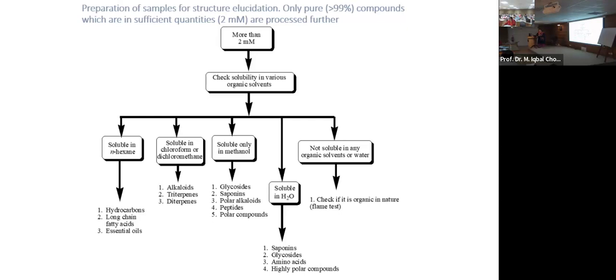If you used ethyl acetate to isolate or purify your compounds, and in our facility we do not have deuterated ethyl acetate, then you need to check whether your compound is soluble in chloroform, in methanol, or in a mixture of chloroform and methanol, or in DMSO, or in pyridine. These are the solvents that are available.